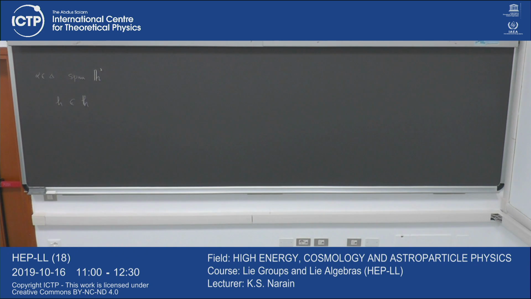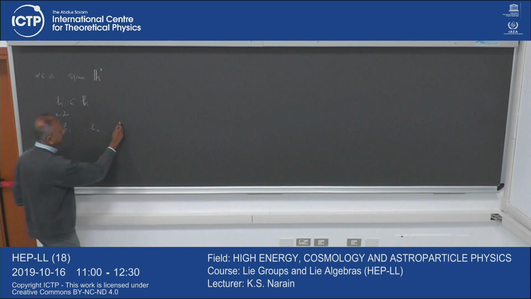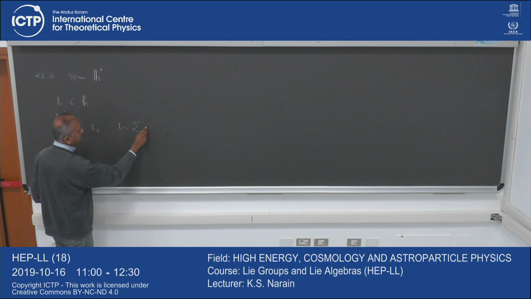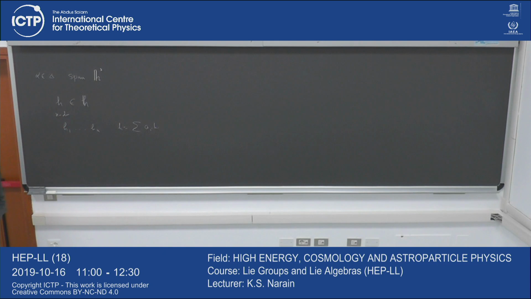The easiest way to think about it is, let's suppose H is some n-dimensional space. Choose some basis, H1 up to Hn. It's a vector space, so you can choose a basis. Then any H can be written as some combination a_i H_i, where a_i are some numbers, real or complex, depending on your space.